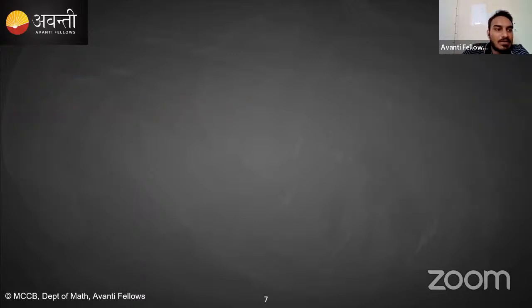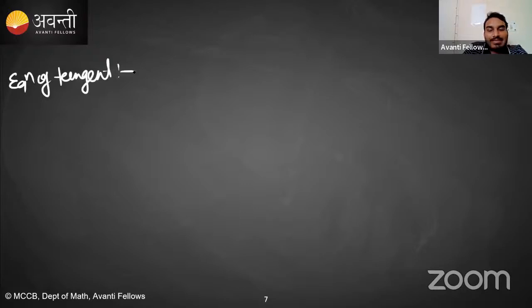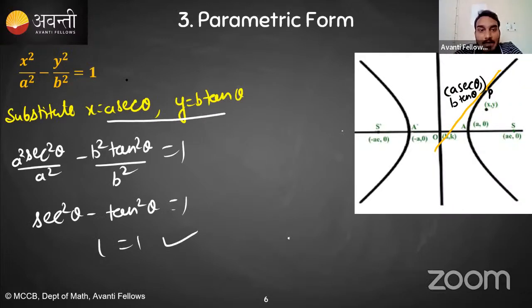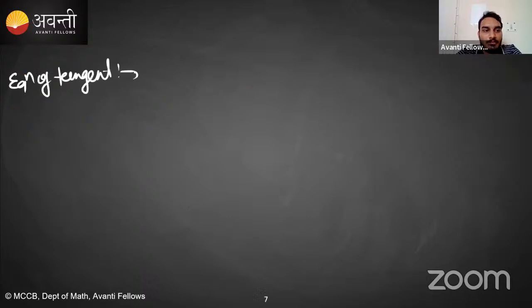So now what will be the equation of tangent? Doesn't matter, because a sec theta comma b tan theta is still a point which is lying on the hyperbola, so we can use the transformation. Yes or no? So it means replace x square with x1.